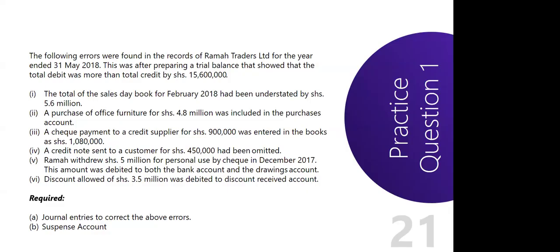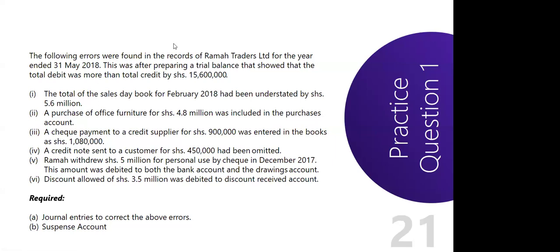So from your interpretation, when you're told that the total debit was more than the total credit by 15,600,000 shillings, which side of the trial balance had the bigger total? That's something you need to note as you start off, because it will determine your suspense account. The total debit was more than the total credit by 15 million.